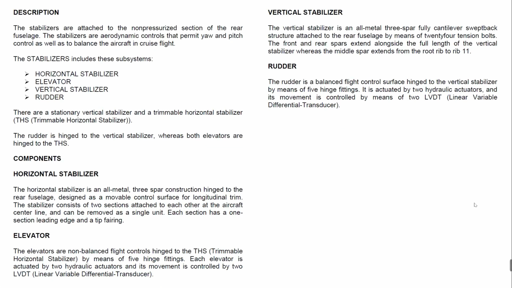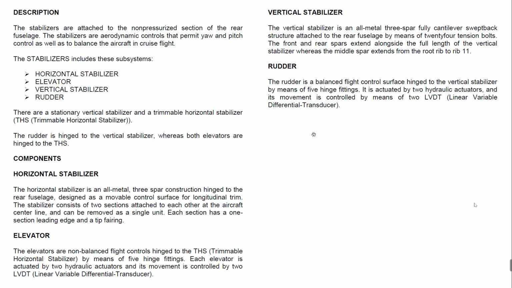In a while, we're going to see that we have splices which make these left and right parts of the horizontal stabilizer come together. About the elevator, you know, it is a non-balanced flight control surface. We have 5 hinge fittings. We have 2 PCUs, which are controlled by LVDTs, correct?